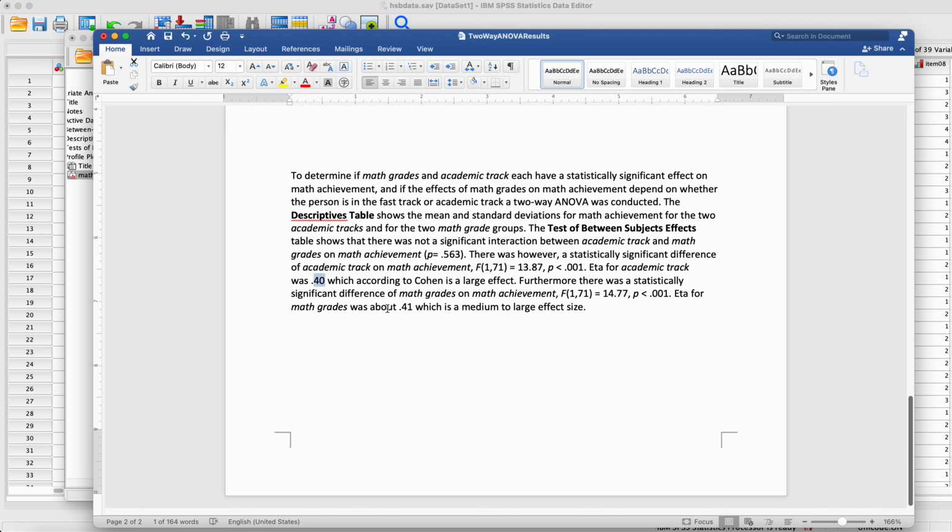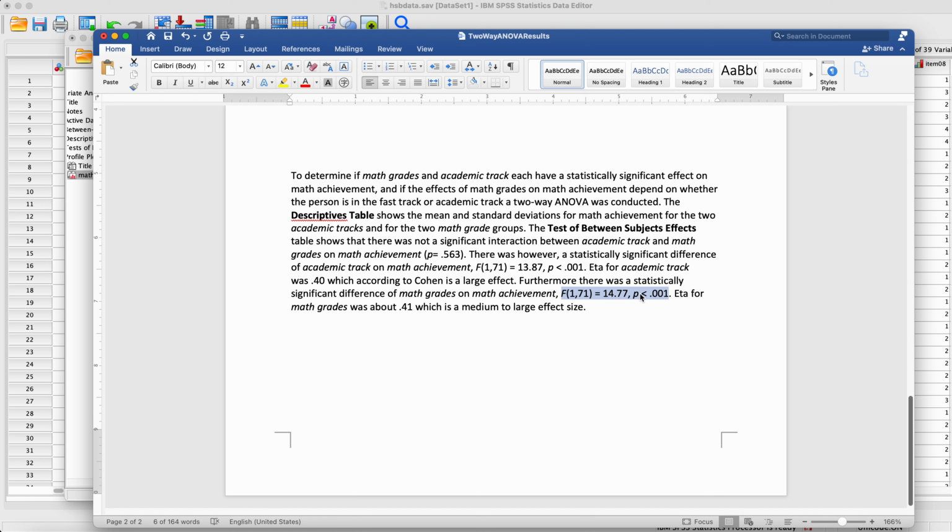Furthermore, there was a statistically significant difference on math grades and math achievement. And again, I'm just reporting out what I found. So my F of 1 comma 71 and my 14.77 is coming from the table. The 71 is coming from the error line. And then I'm also getting the information for the p-value.